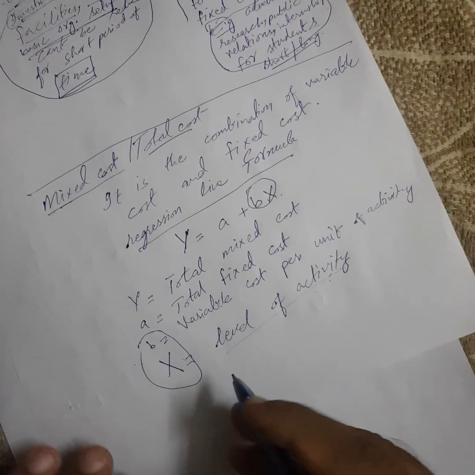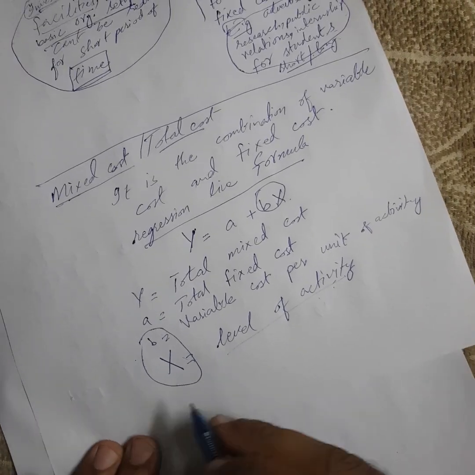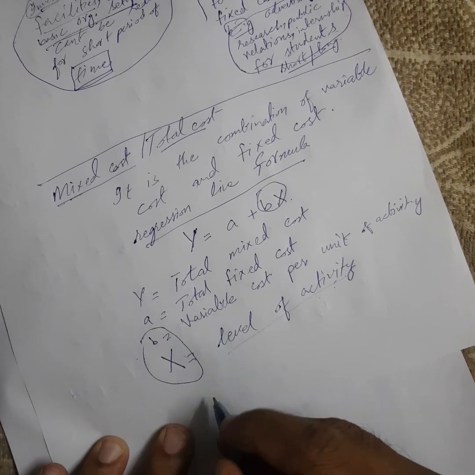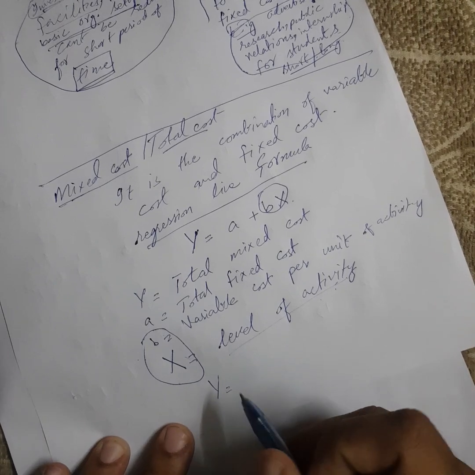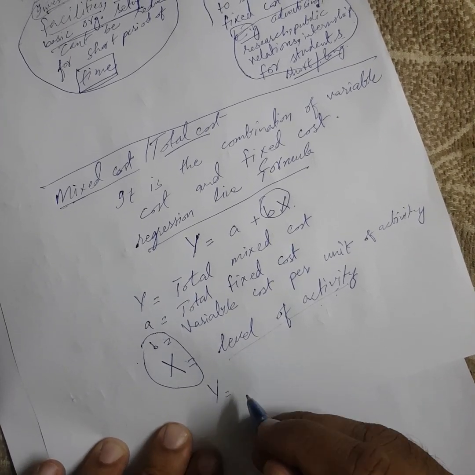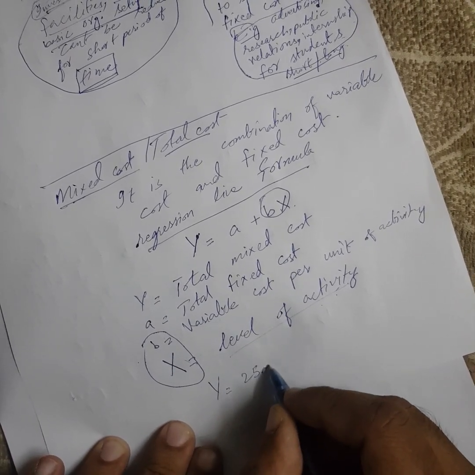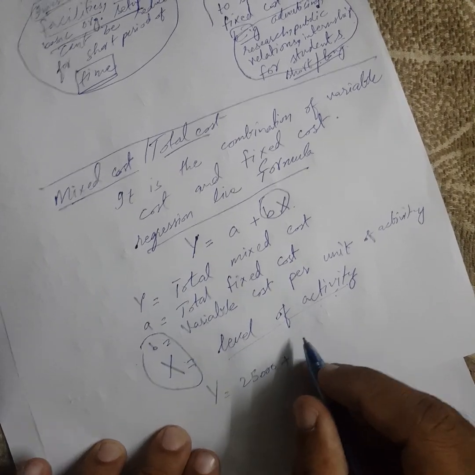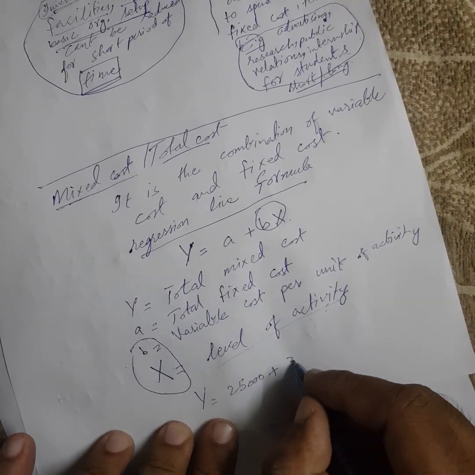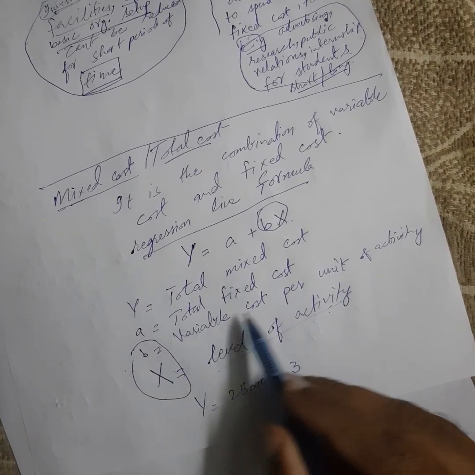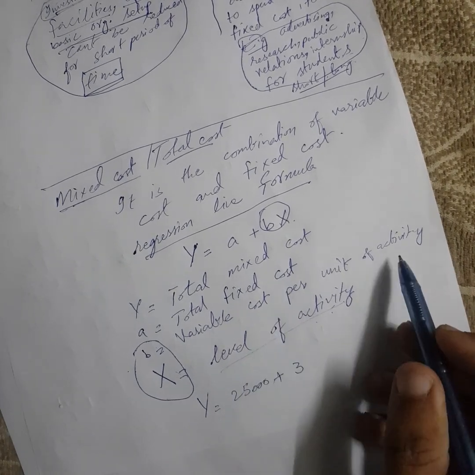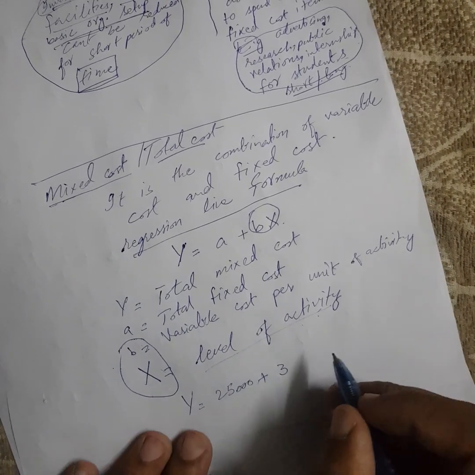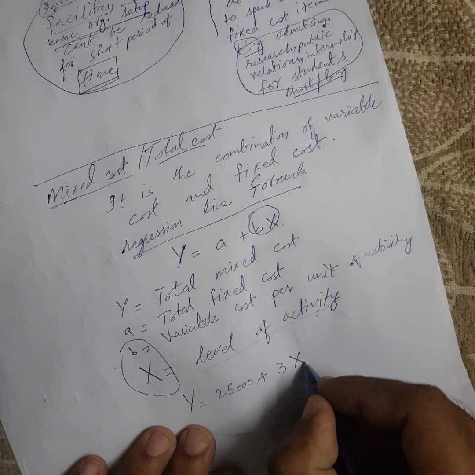To make it easy, to calculate the mixed cost, we are given 25,000 fixed cost plus 3 rupees per unit variable cost of activity. Now the x is there.